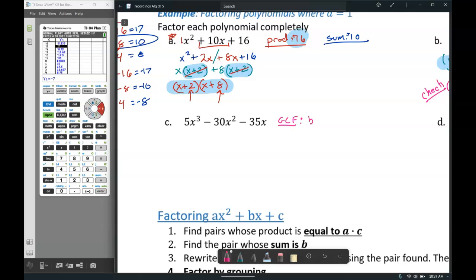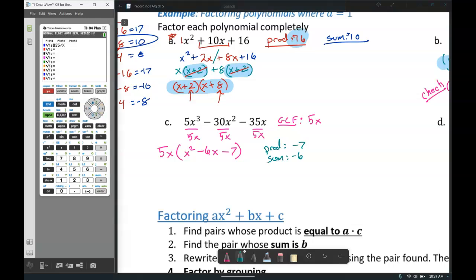Here our GCF is 5x, because all of these terms can be divided by 5x. So when we factor out 5x, we're left with x squared minus 6x minus 7. Now this is something that we can go ahead and factor. A product of negative 7 and a sum of negative 6.